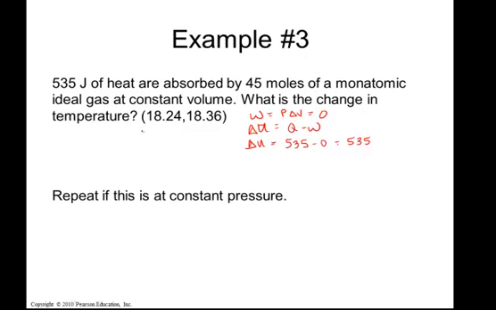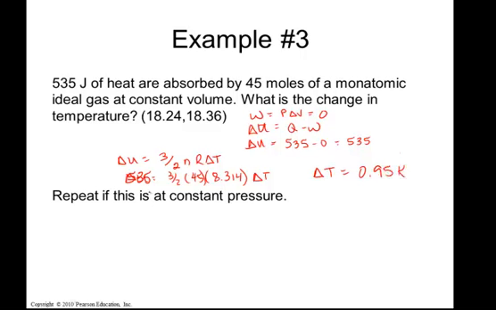And I'm going to then find my change in temperature, and since this is at constant volume, 3/2 nR delta T. n is 45, R is 8.314, and I find delta T, and I know change in U is the 535 that I had before. So I can find my change in temperature by taking the 535 divided by that amount, and I got 0.95 Kelvin.